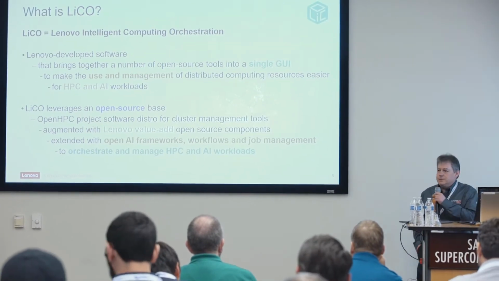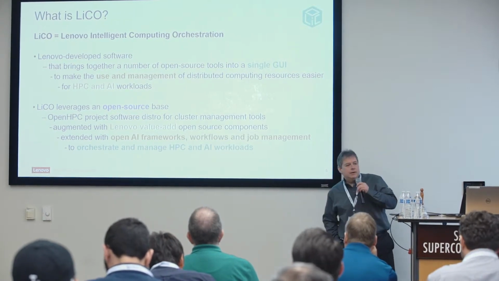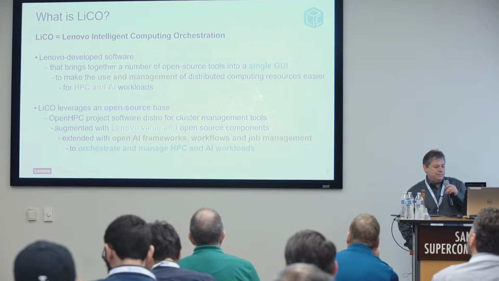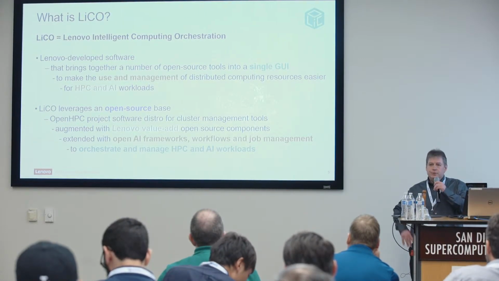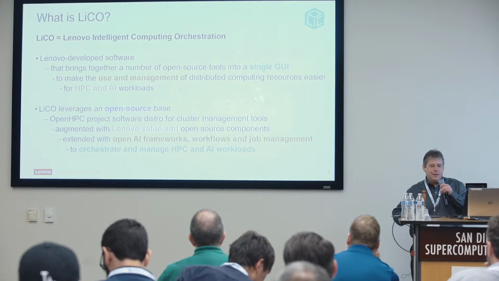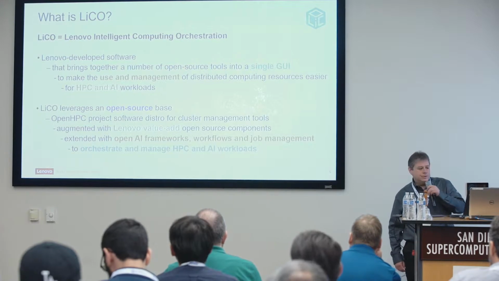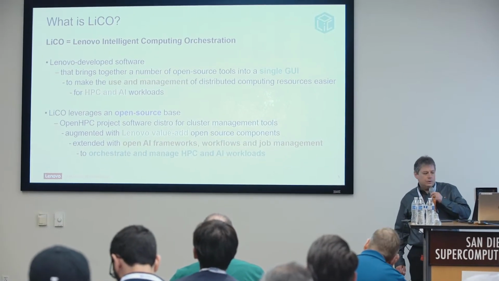So what LiCO is, it stands for Lenovo Intelligent Computing Orchestration. This is Lenovo developed software out of our HPC and AI team, and it brings together a number of open source tools into a single GUI to make the use and management of our HPC type resources much easier for users, for both HPC and AI workloads.